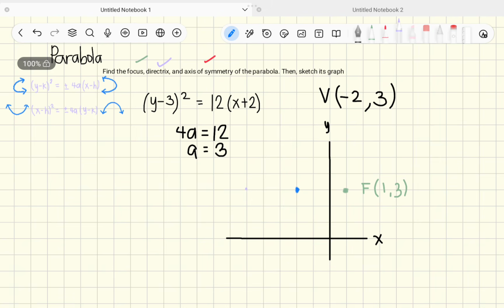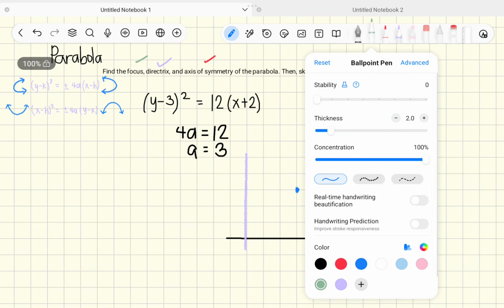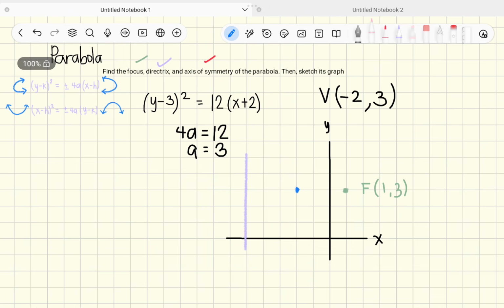So this is where your directrix is found. And then let's trace your parabola. And there. So this is how your parabola will look like.